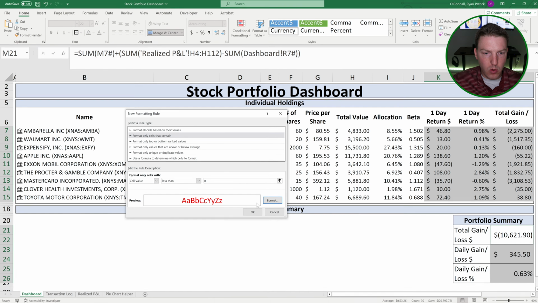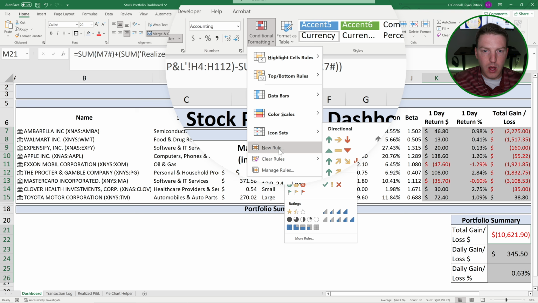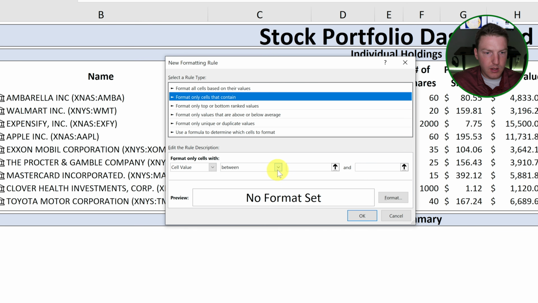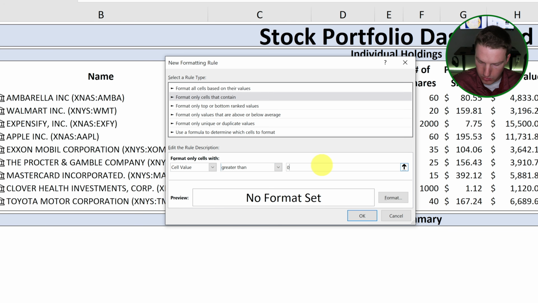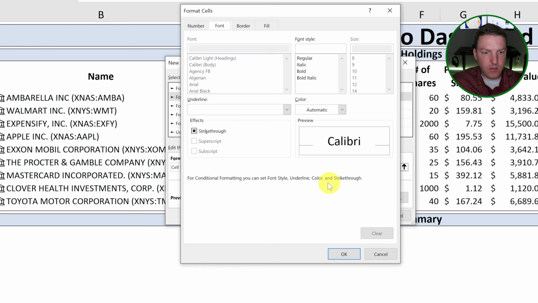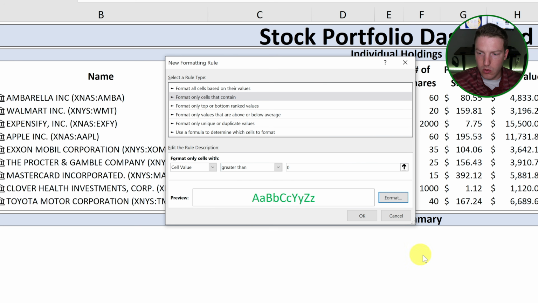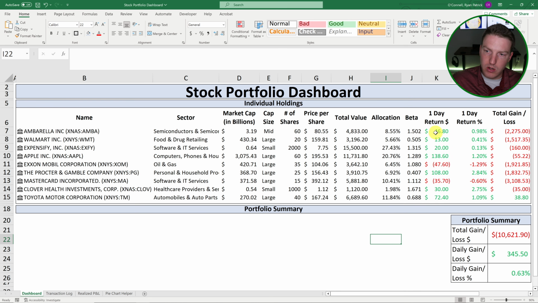And we want to add one more rule after that. So let's go back to new rule, and then we'll hit format only cells that contain, and then the cell value should be greater than 0. And now once we have that, we can set this font equal to green and hit OK. And OK, and there we go. We can see all our gains and losses quite clearly now.